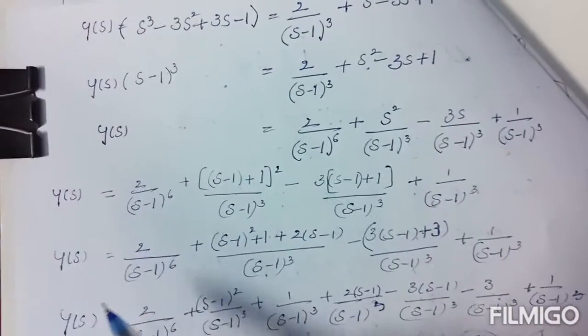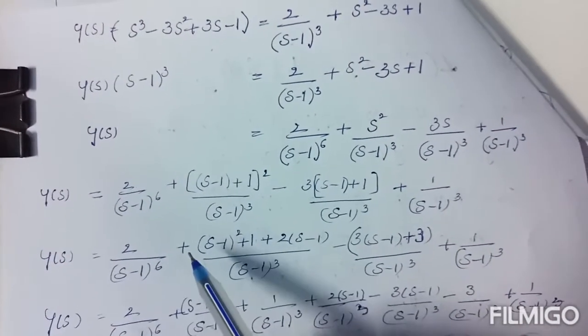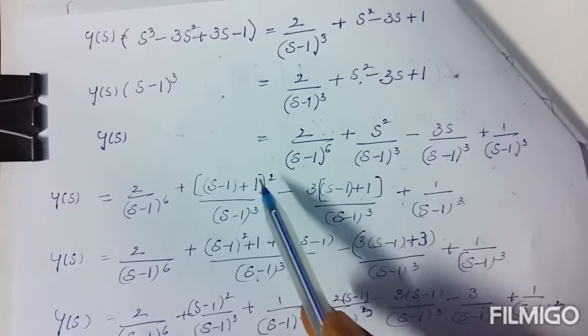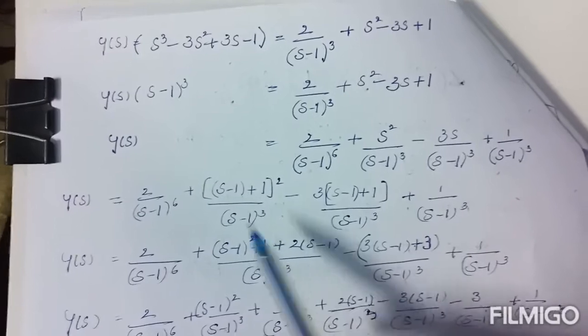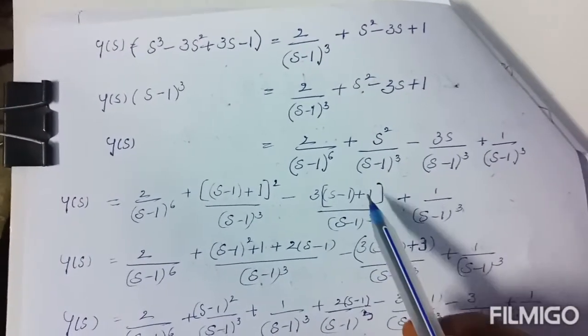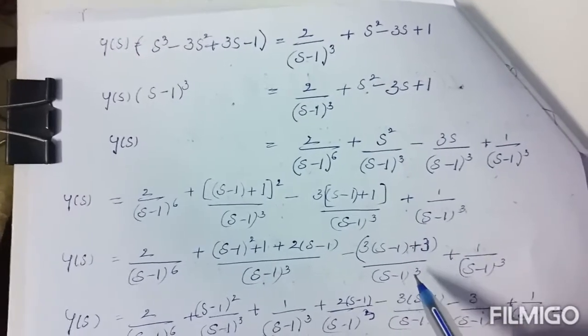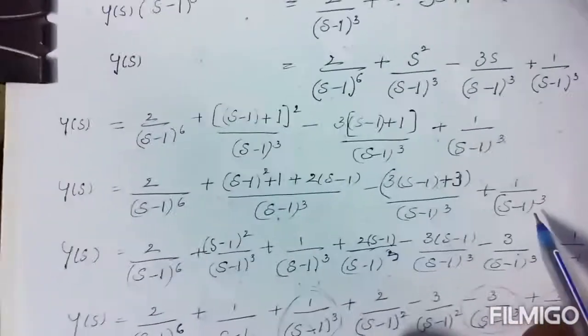Now here y of s equal to 2 by s minus 1 whole power 6 plus, here this is a plus b whole square form, a square plus b square plus 2ab by denominator as it is, minus 3 into first term plus 3 into second term by s minus 1 whole cube plus 1 by s minus 1 whole cube.